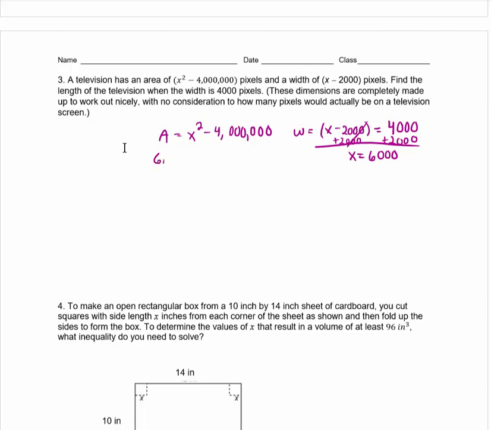So we just need to do 6,000 squared minus 4 million. So 6,000 times 6,000 is 36 with 6 zeros. And so that subtracts to be 32 million.